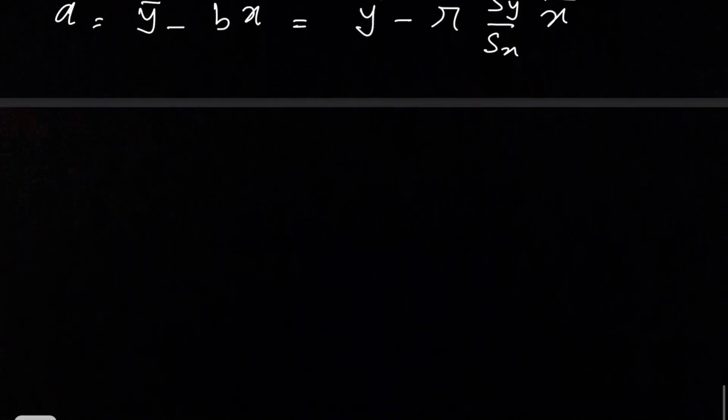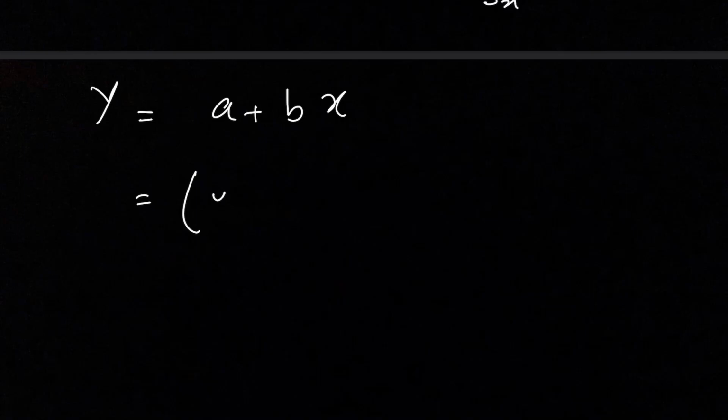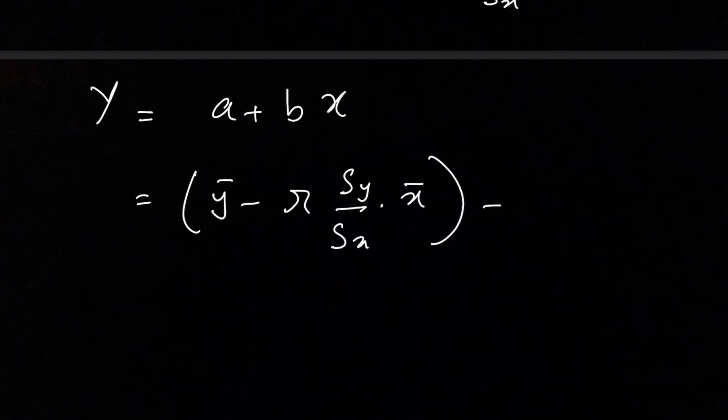Okay, so our regression line, which is nothing but y equals a plus bx, becomes: a is nothing but y bar minus r times sy by sx times x bar, plus bx, which is r times sy by sx times x.